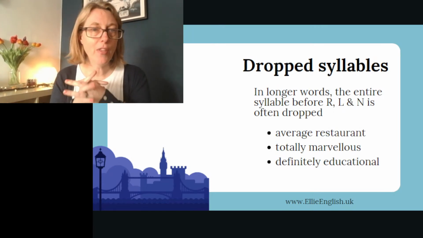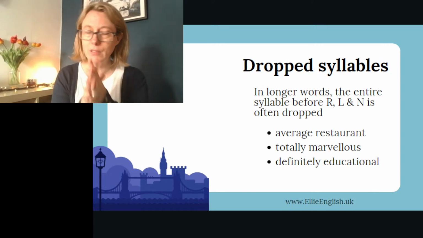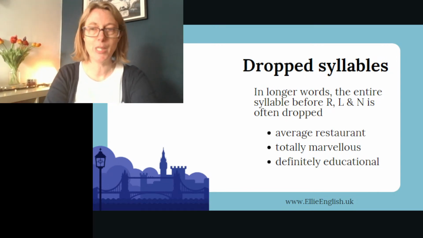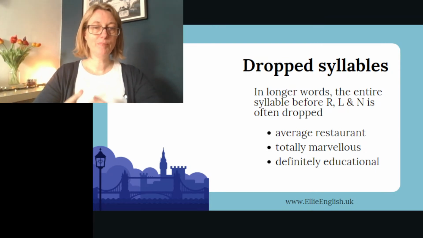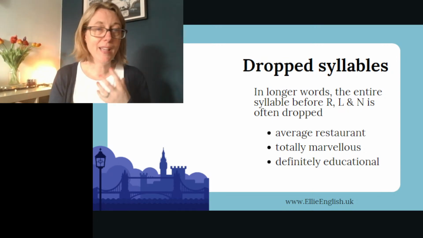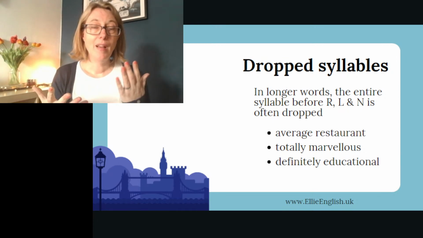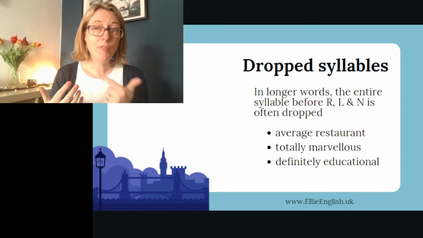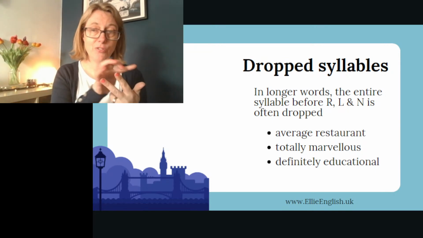And the final thing for now, until I give you some exercises in just one moment, drop syllables. So we will very often, in longer words, drop entire syllables. And this is especially true before R, before L, and before N, these 3 letters here.